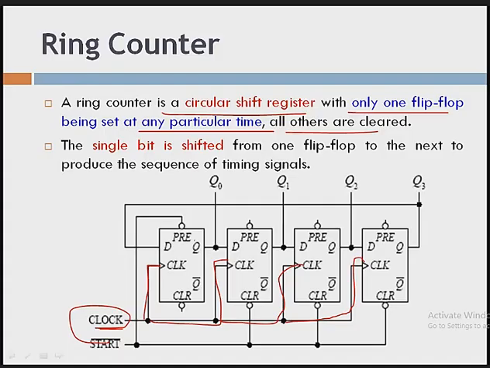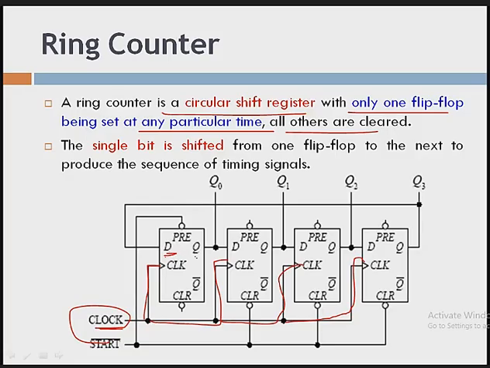Next thing, in this one, we want to shift the data. So a D flip-flop is there. What is the property of a D flip-flop? The output value and the input value are the same, but it is delayed by one clock pulse. When you apply the clock pulse, your output value is the same as your input value.